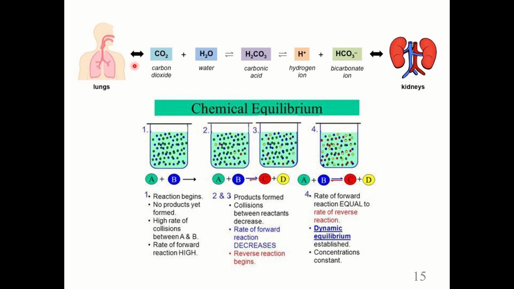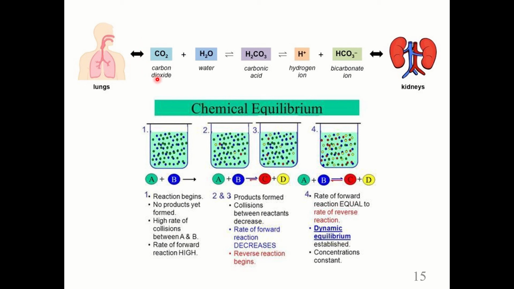Here is the example of the carbonic acid and bicarbonate ion equilibrium in the blood to maintain the pH of 7.35 to 7.45. As we build up our levels of hydrogen ions and bicarbonate ions, our equation will then move to the left. We will form carbonic acid, and it will break into water and carbon dioxide, and we'll breathe the carbon dioxide out.